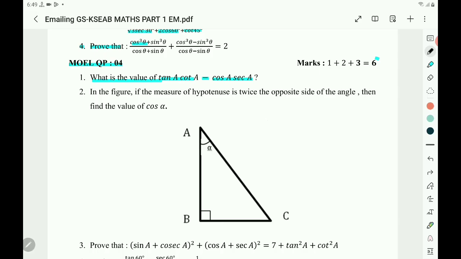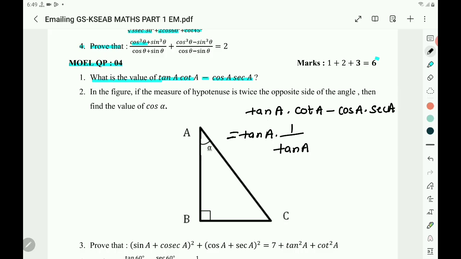Write tan A into cot A minus cos A into secant A. You can express one as a reciprocal of the other. So you can write tan A as it is. Write cot A as 1 by tan A. Cot A is 1 by tan A. Here also express any one as a reciprocal of the other.